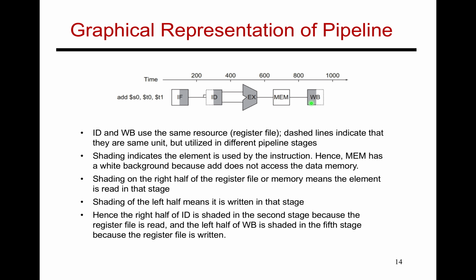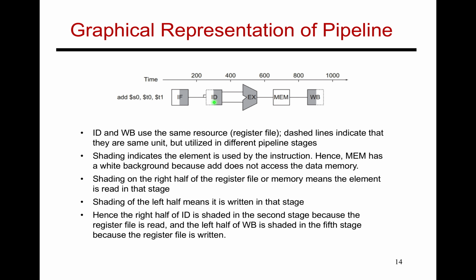Also remember that these two units, the ID and WB, write back and decode and read of registers, are basically the same unit, but they are broken into two halves because writes always take place during the first half of a cycle and reads always take place during the second half of a cycle.